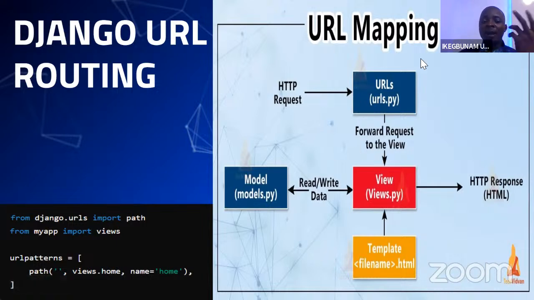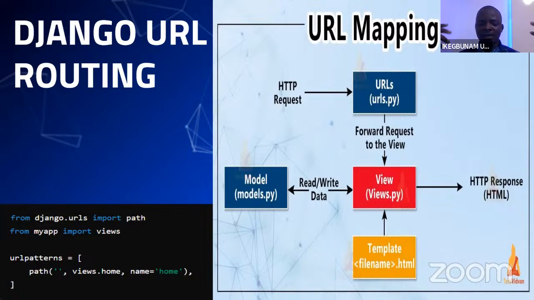So URL routing in Django goes this way. When you visit any URL, it calls the view function. Now, it depends on whether the view has any ability to communicate with the database. For example, my website communicates with the database whenever you visit the homepage, to get my projects, my portfolio, and the videos I've posted on YouTube.